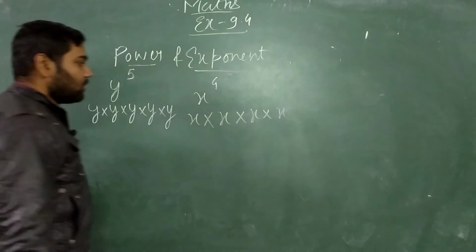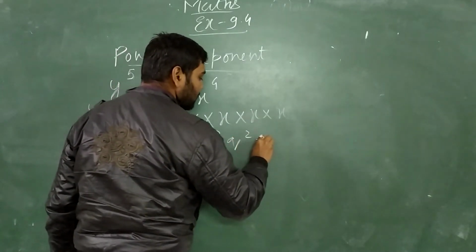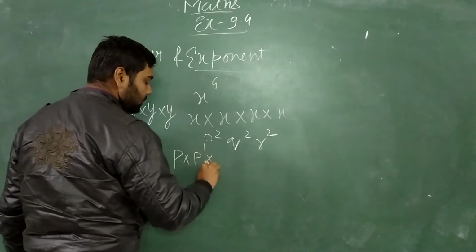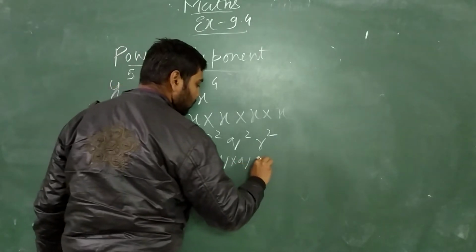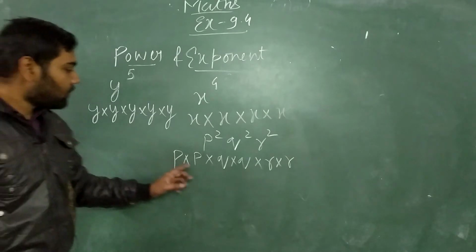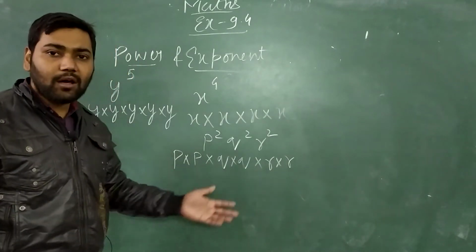Understand? Like this only. If somewhere it is written p square, q square, r square, that means we have to multiply p 2 times along with q 2 times along with r 2 times, and then we will place the values of p, q and r and get the result.